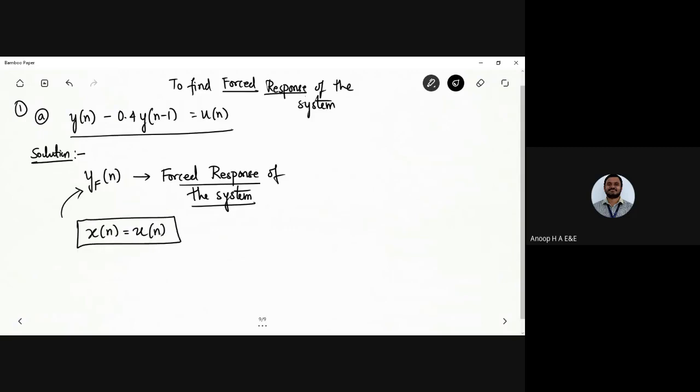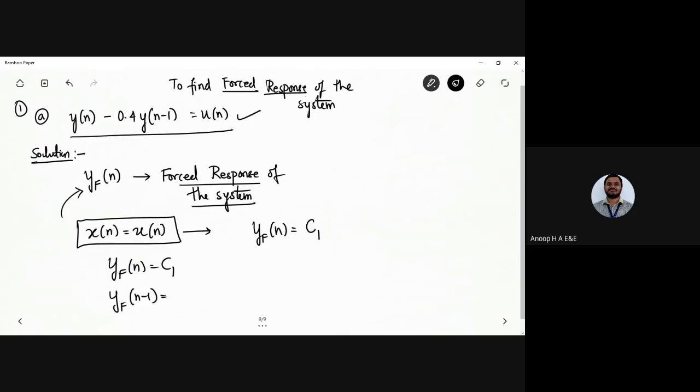So input is u of n here. So this is generally a constant. So yf of n is generally another constant called c1. So I can write yf of n would be equal to c1. There is no other n term being present. Yf of n minus 1.